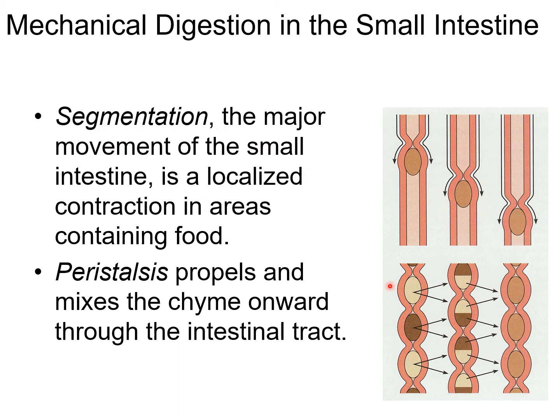Segmentation is showing here. Segmentation is a mixing type of movement where low and high concentration of materials can be evened out by periodic contractions of the walls of the small intestine.